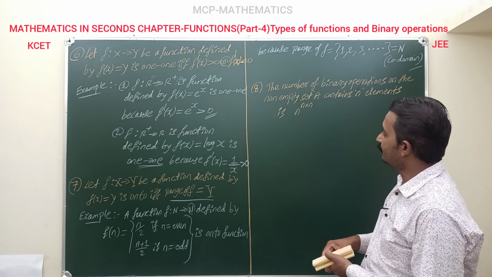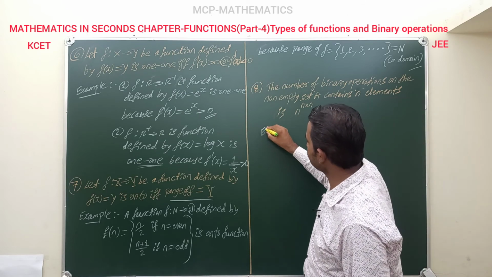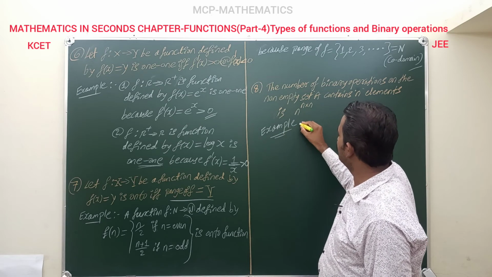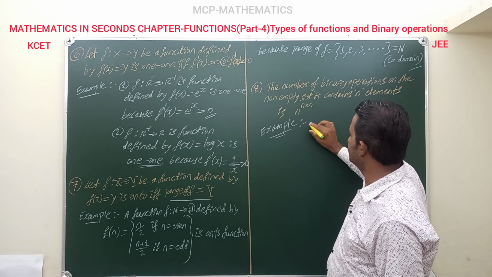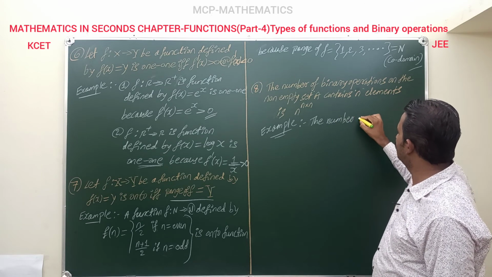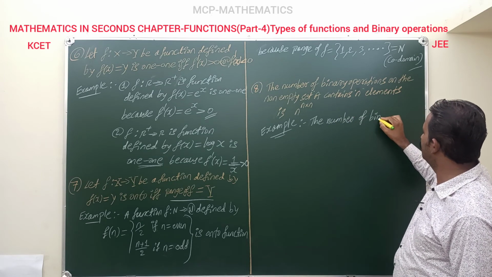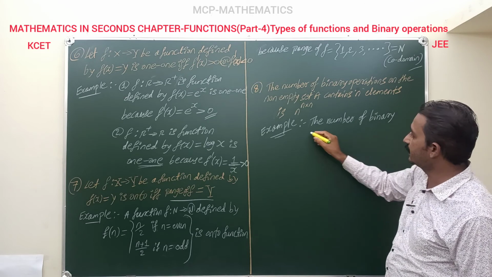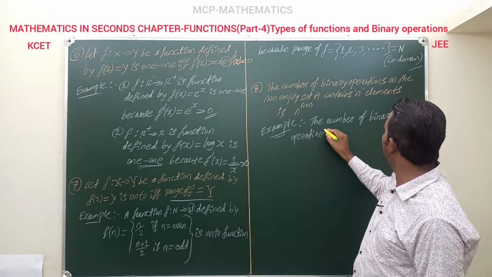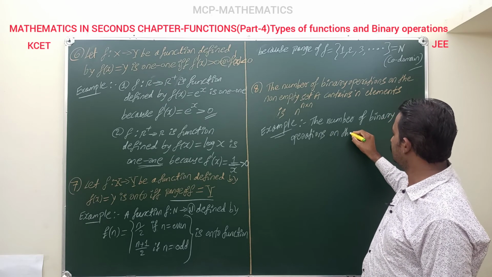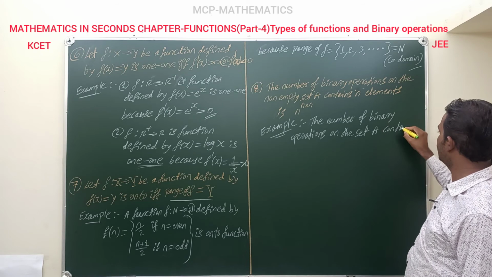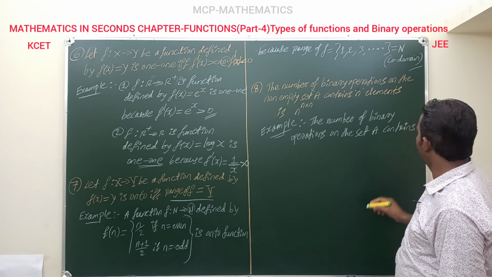Take one example. The number of binary operations on the set A containing 2 elements.